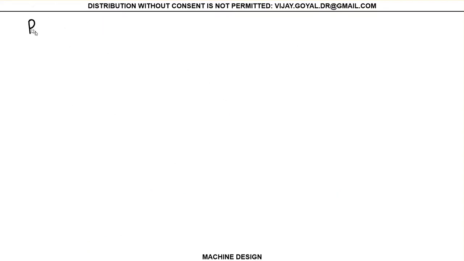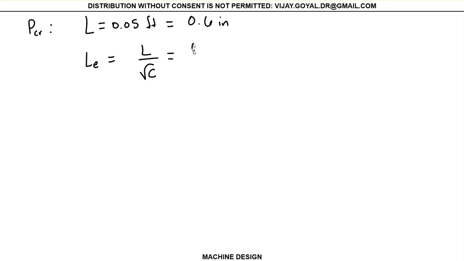So the second length, we want to find the P critical for a length of 0.05 feet. In this particular case, this is 0.6 inches. Always convert to inches, don't forget that. And that would give you LE equals L over square root of C, which is 0.6 over square root of 2, giving 0.424 inches.